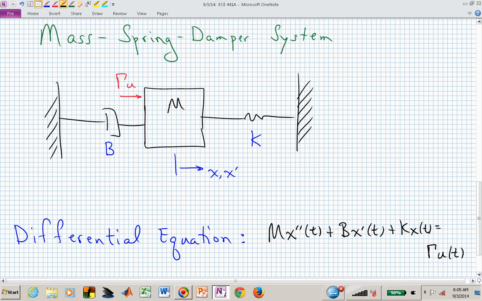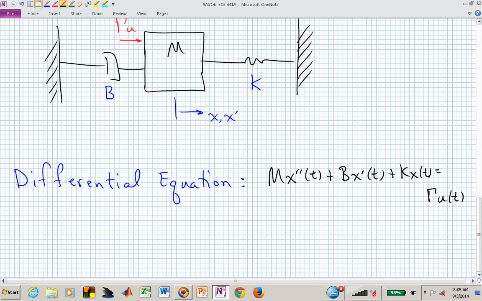Now what we want to do is find the transfer function from this starting location. And how do we find a transfer function? This could be thought of as a system of differential equations. In this case, it's a second order differential equation.